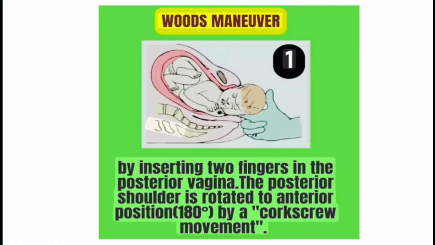We insert 2 fingers into the posterior vagina, and the posterior shoulder is rotated to the anterior position about 180 degrees by corkscrew movement.